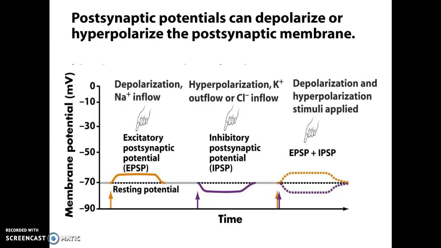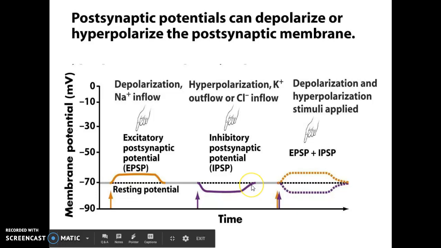And so vesicles can be full of lots of different chemicals. They could be chemicals that are going to bind to sodium channels and cause an excitatory postsynaptic response, or maybe that open potassium channels or chloride channels. In those cases, we would have an inhibitory postsynaptic response.